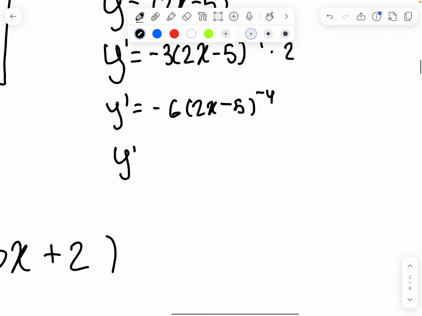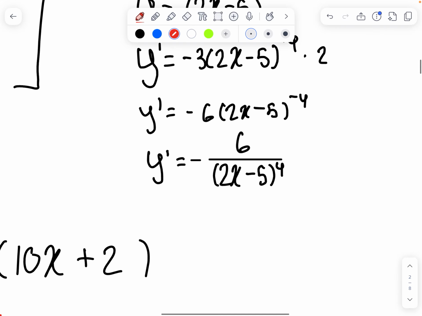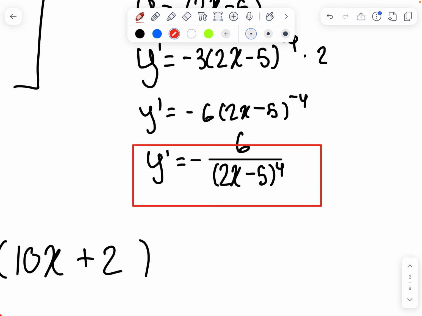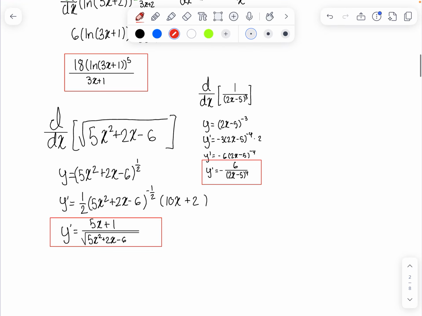And in the end, our answer is going to be negative 6 over 2x minus 5 to the power of 4, and that is our answer. Okay. On to the next question.